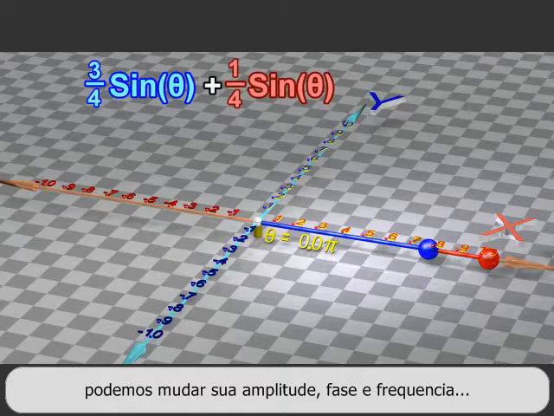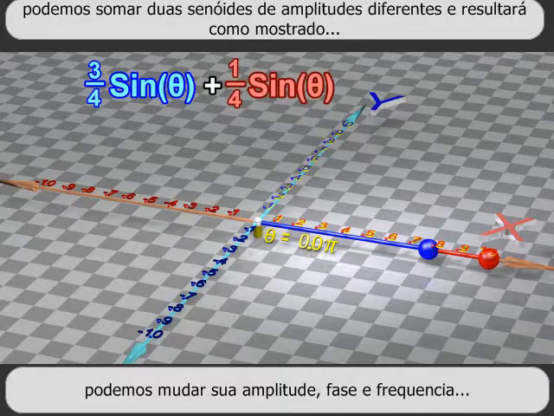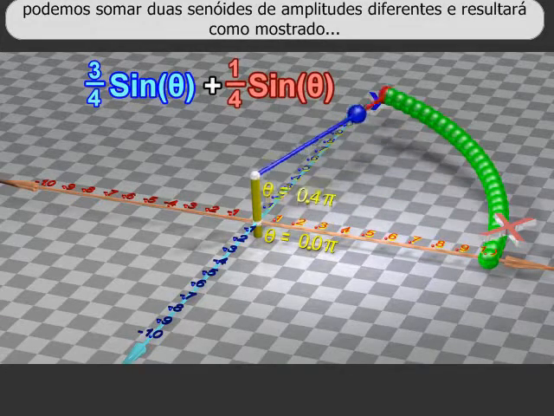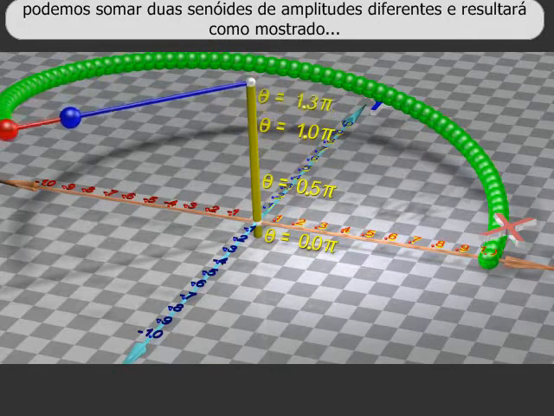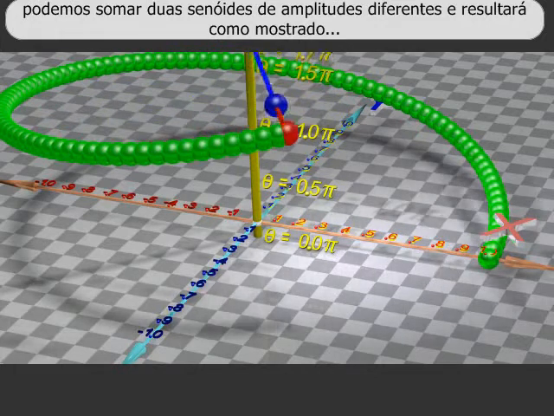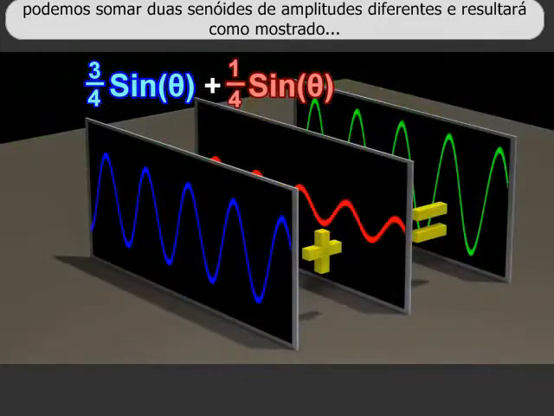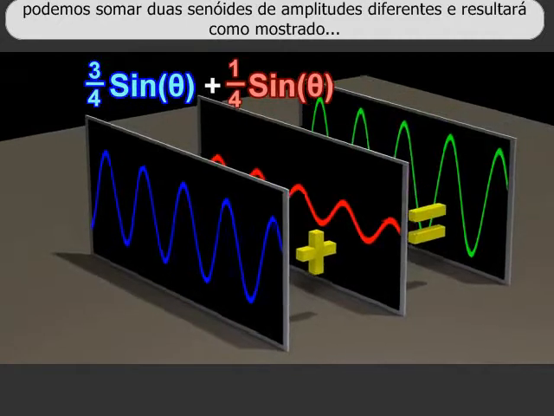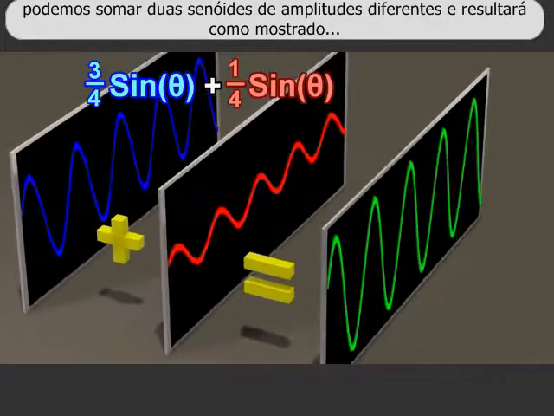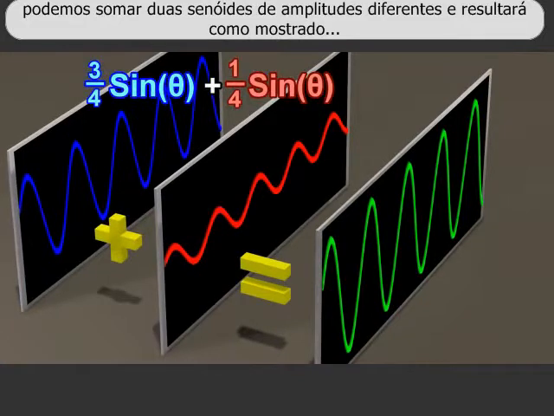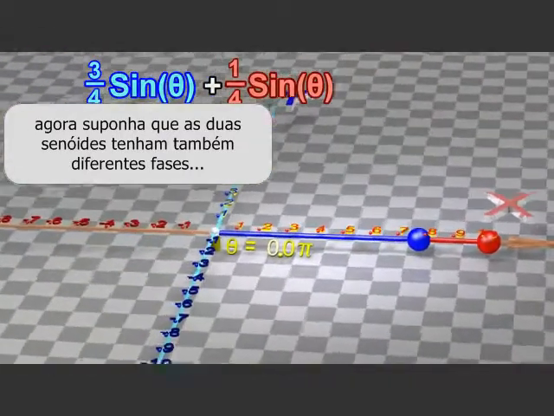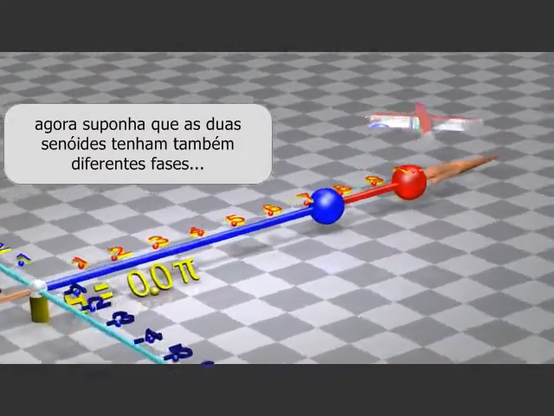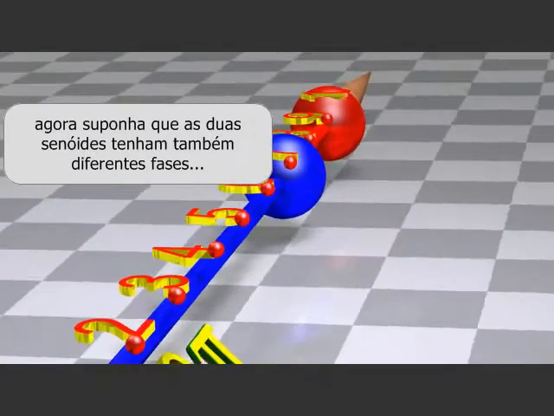Suppose we have two sine waves that are identical except for the fact that they have different amplitudes. If we add these two sine waves together, the result can be represented graphically as shown. Now, suppose that the two sine waves also have different phases.